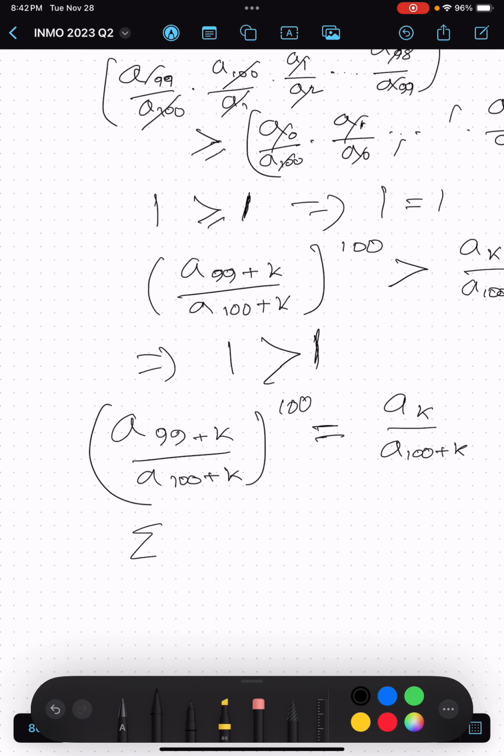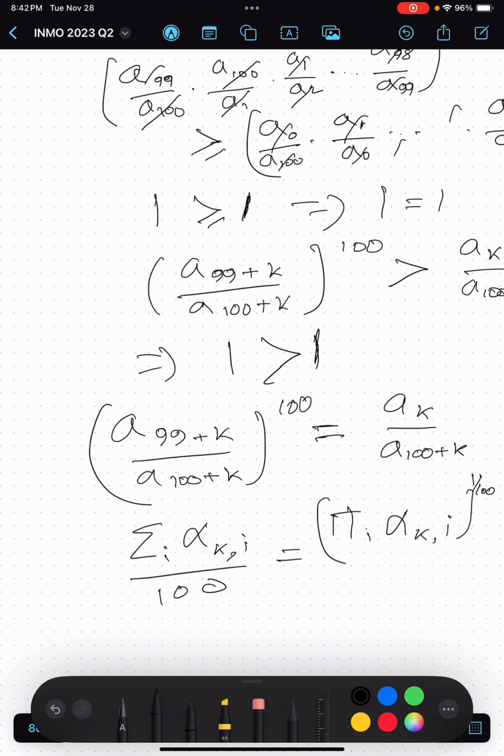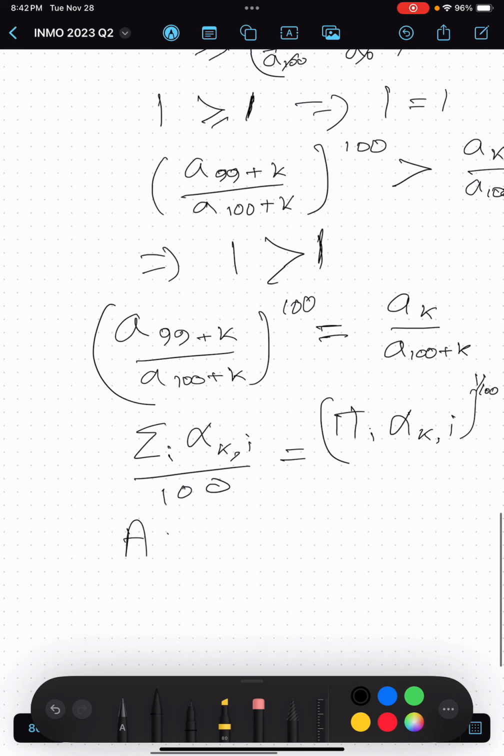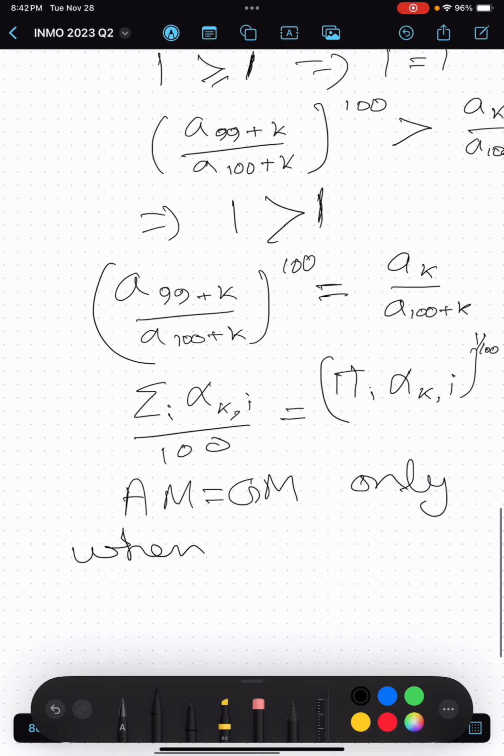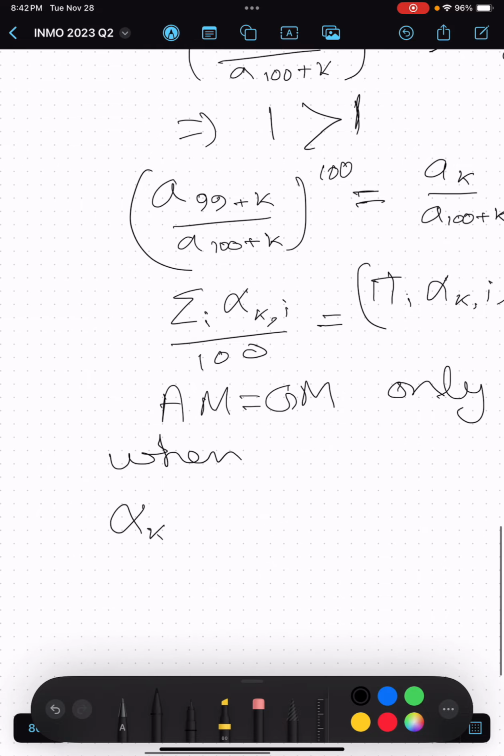So that would basically mean for each of the roots, this equality holds, and we know AM equals GM only when all alpha k i's are equal to each other.